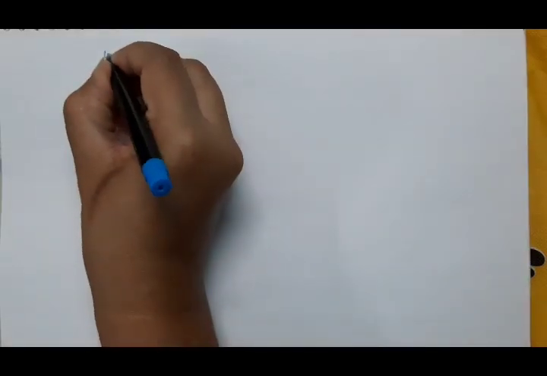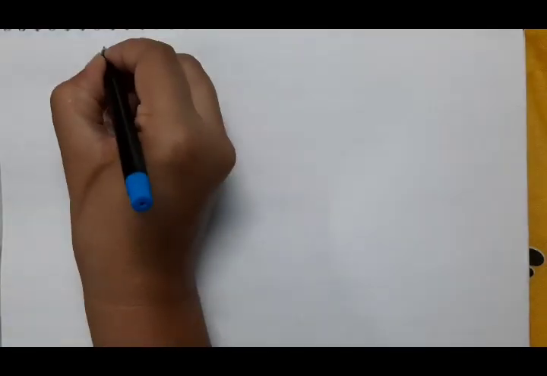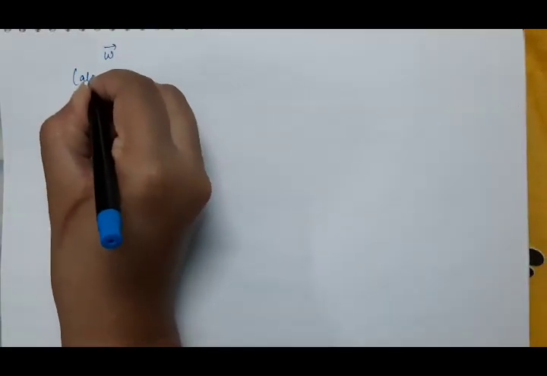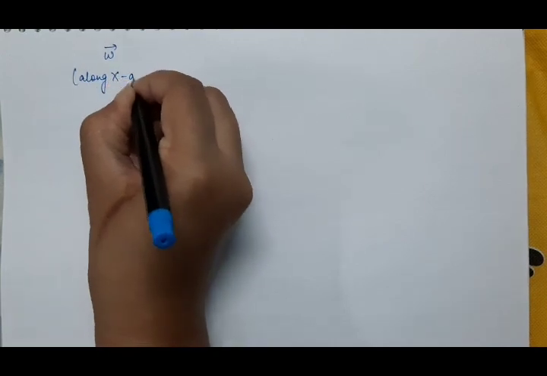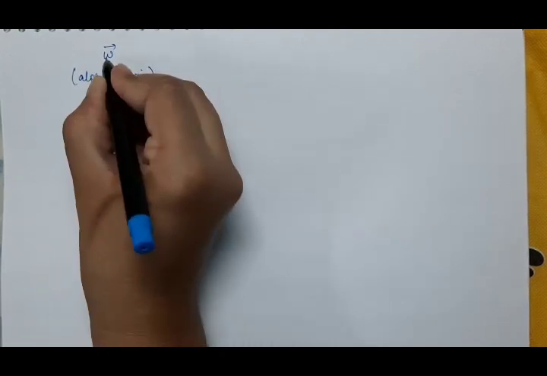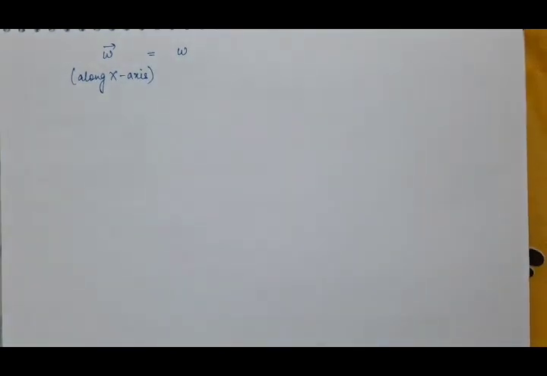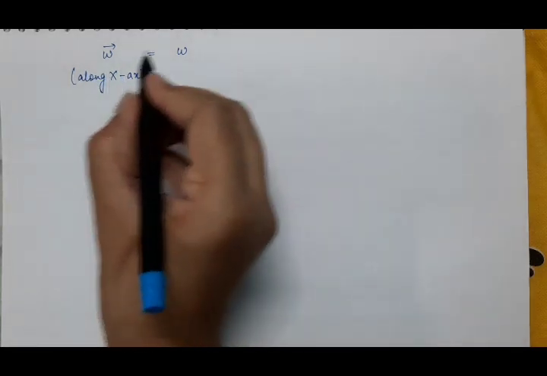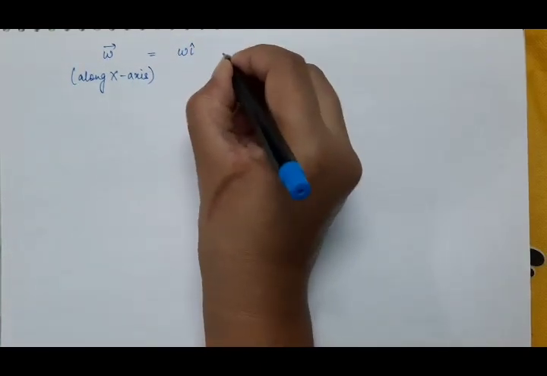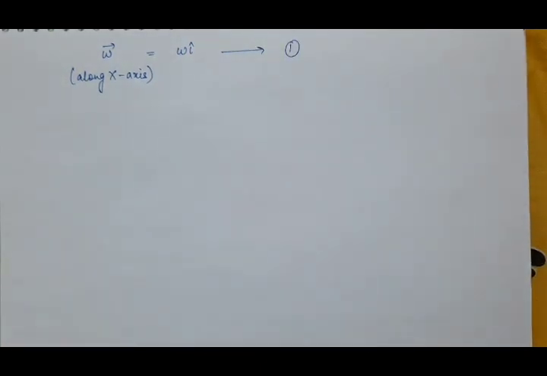Now, if this two particle rigid rotator is rotating about the x-axis, then it has angular velocity omega, and the direction of omega is along the x-axis, which is the axis of rotation. Therefore this omega vector will be magnitude into its direction, and direction is always given by the unit vector. And what is the unit vector along the x-axis? It is i cap. So omega vector is equal to omega i cap, and suppose this is equation 1.